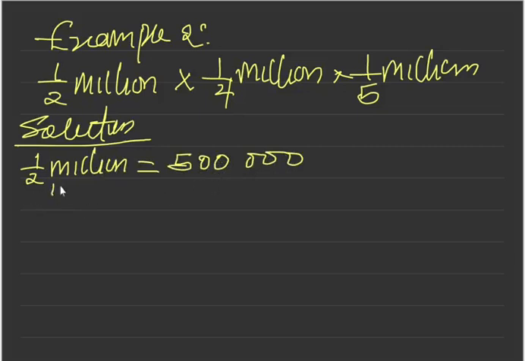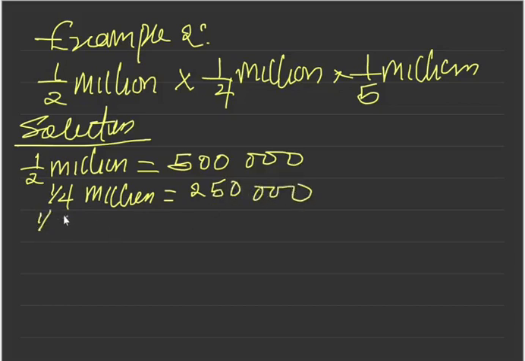1/4 of a million is when you divide 1 million into 4, you will have 250,000. When you divide 1 million into 5, 1/5 of 1 million will give you 200,000. And the question says we should multiply all.